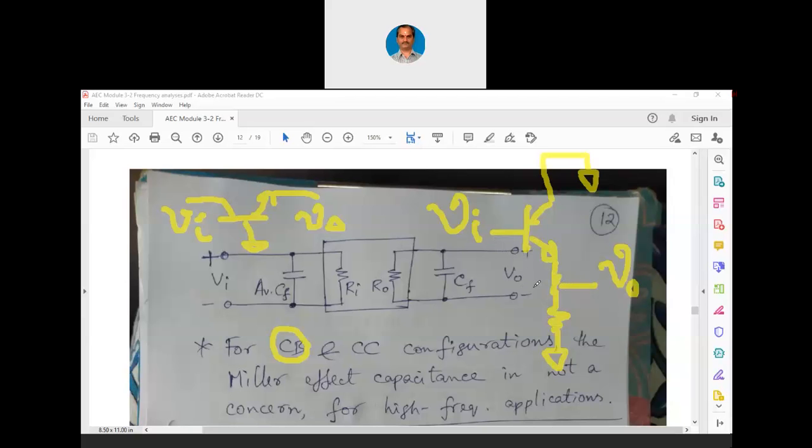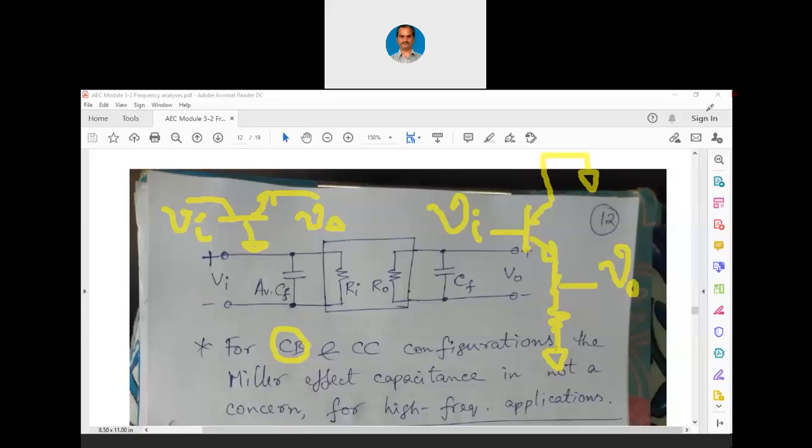When it is forward biased, you know that in the forward bias condition, the capacitance is of a negligible value. Only when the PN junction is reverse biased, it will pose a larger value of capacitance. When it is forward biased, that particular capacitance can be ignored.